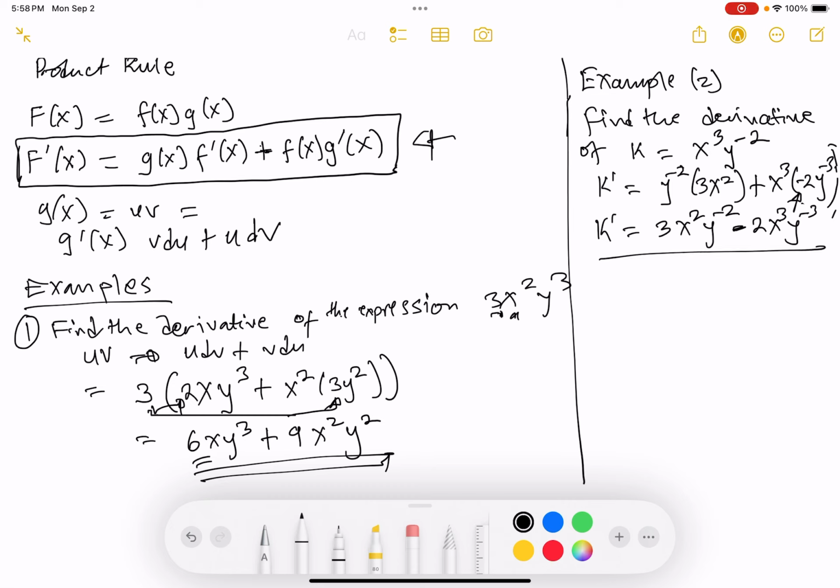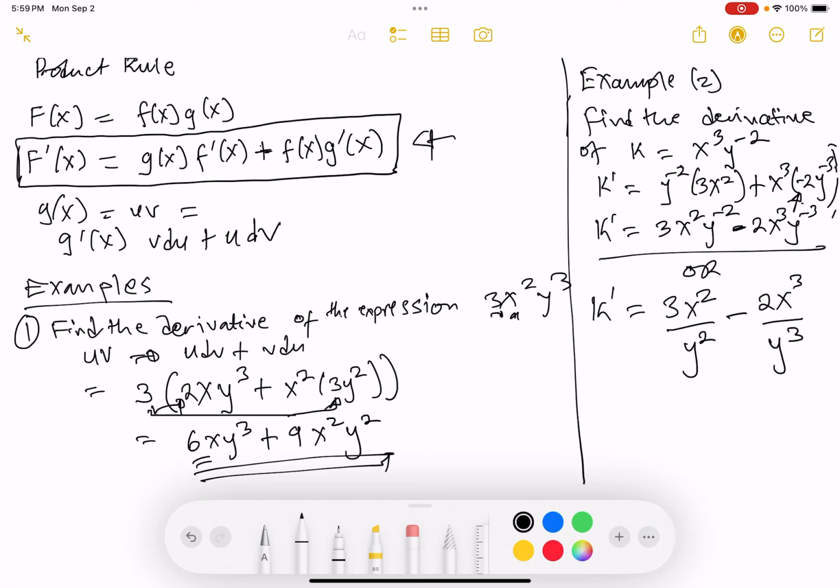So you can leave your answer as that, or you can go forward and say k prime is equal to 3x squared over y squared minus 2x cubed over y cubed.